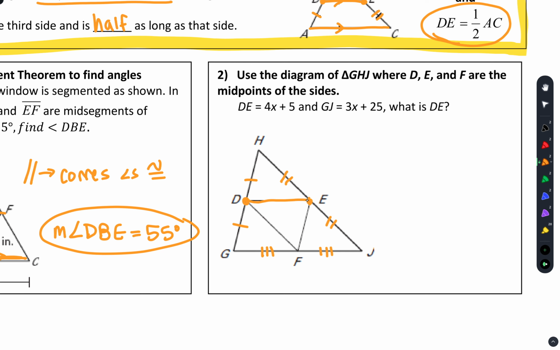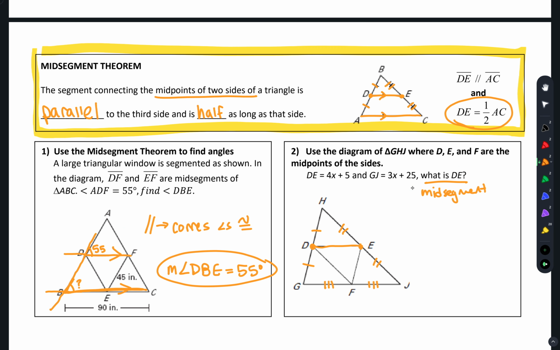So if I'm looking for what is DE, I'm going to connect those 2 points up. I now know that DE is a mid-segment. And how am I going to set it up to figure out what my measurement of X is and then what DE is? What formula am I going to use here? Or what property? It's right here.